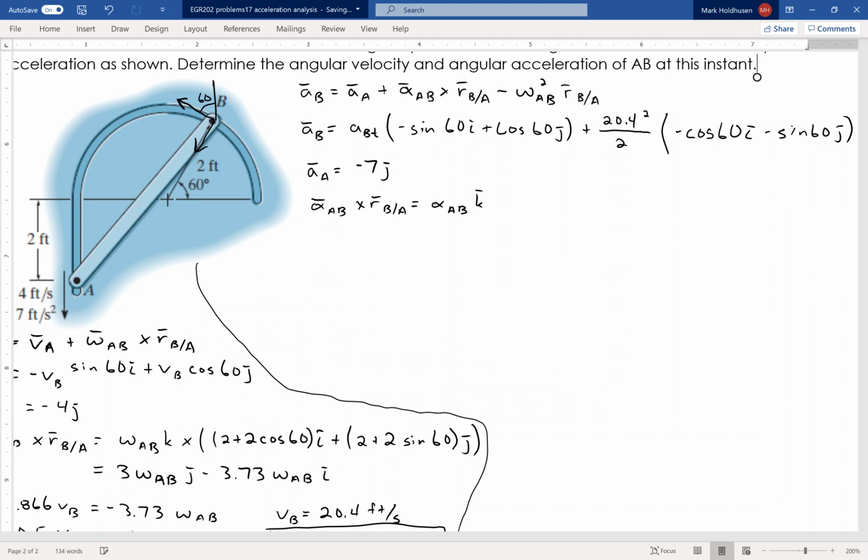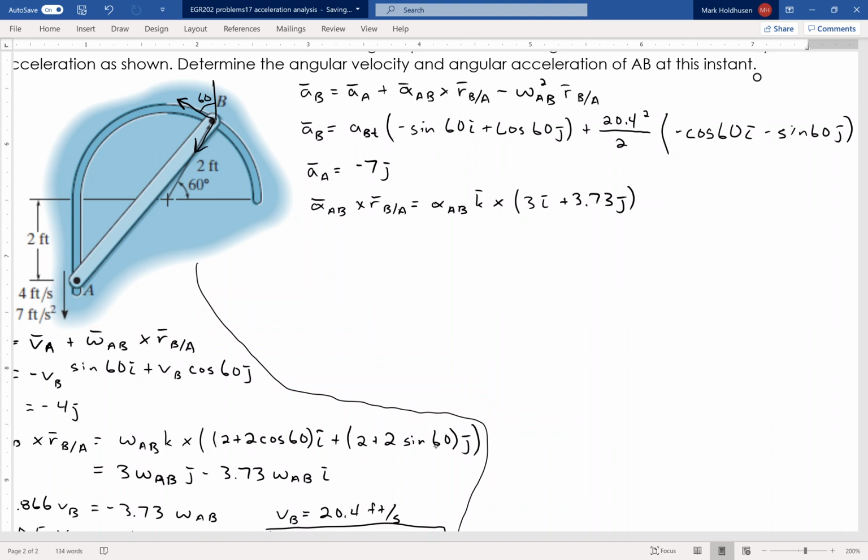If I'm wrong, I'll get a negative answer. Crossed with, again, that r vector, which I've already found earlier. It's the same r as I had before, so I get 3 in the i plus 3.73 in the j. And again, that comes from the 2 plus 2 cosine and the 2 plus 2 sine, which was given right down here.